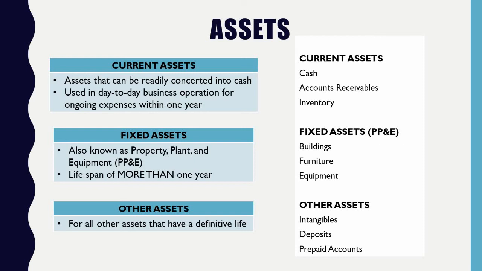You can't see it either. All right, so those things are going to be things like patents, deposits, prepaid insurance or prepaid things, okay? Licenses are going to be considered intangible, right? You're going to be getting a piece of paper for most of these intangible assets.